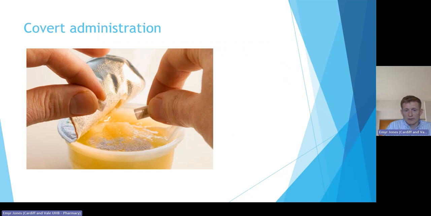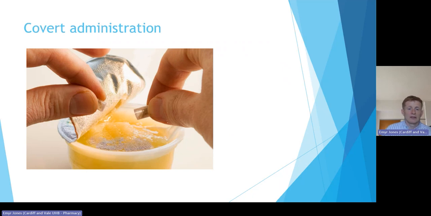Pharmacists would be useful to advise how best to administer that medication covertly. But we also need people who can communicate the views and interests of the resident, whether that's a family member, an independent advocate, or an attorney appointed under the Mental Capacity Act. And it should never be used for residents who have capacity to make decisions about their medicines.